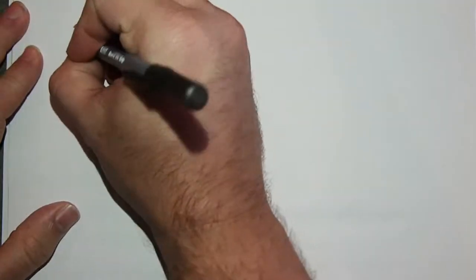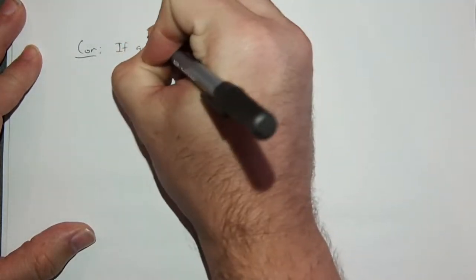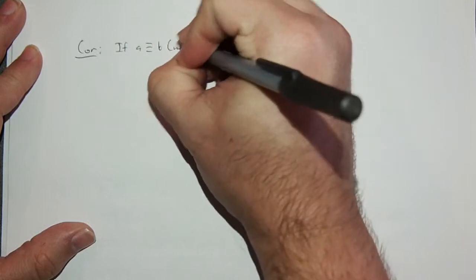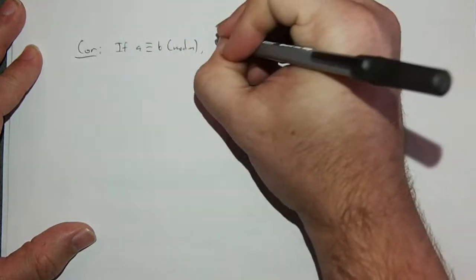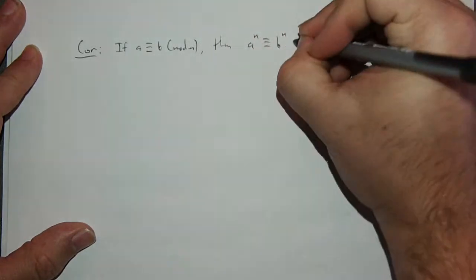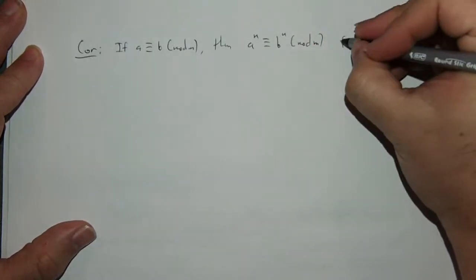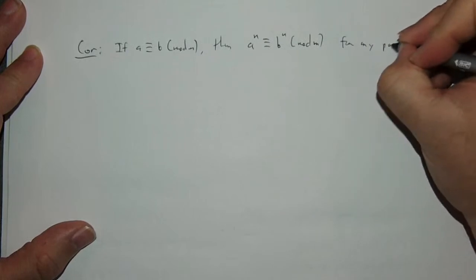Okay. So quick corollary to those rules is the following. So as a corollary to those rules and the following, if A is congruent to B mod m, then A to the n is congruent to B to the n mod m for any positive integer n.